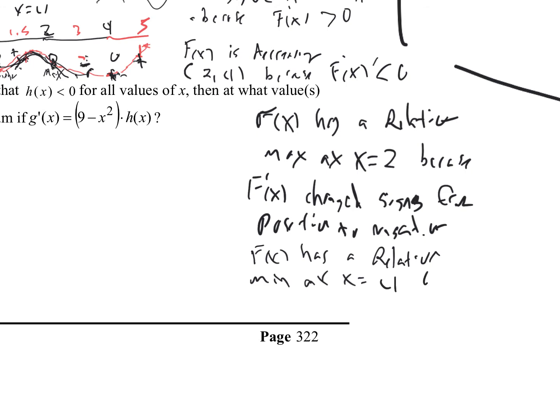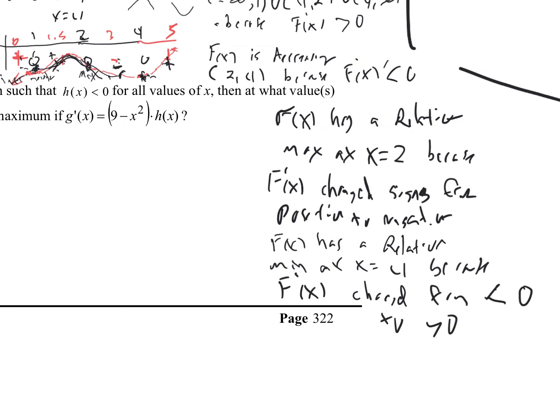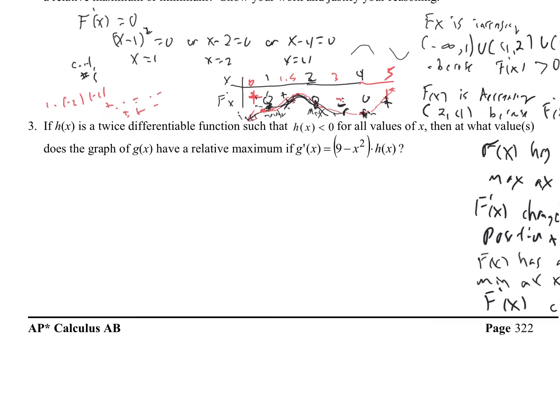At x equals 4, because you got to say f prime of x changed from, watch this, you could say from less, what was it? It was less than 0, changed from less than 0 to greater than 0. It all means the same. Okay. Woo, that's a lot of writing.